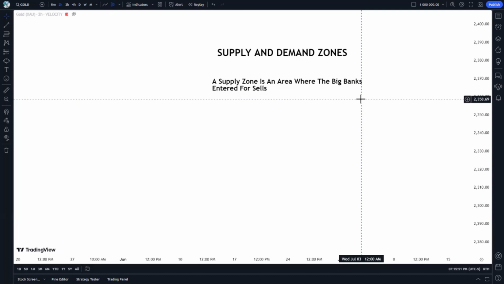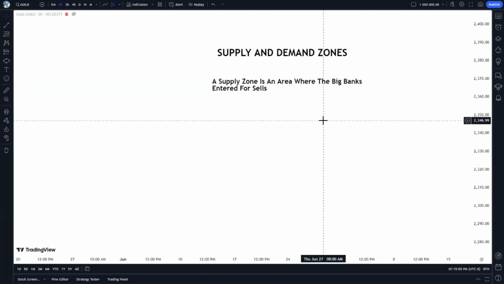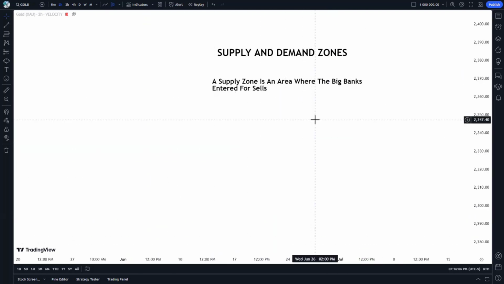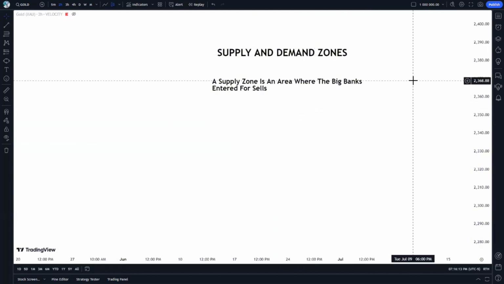So we want to identify these areas because we want to trade with the persons who are moving the market, who are trading billions of dollars, and they entered at the supply zone. The supply zone is where they entered for sales, so we want to identify these areas so we can also take sales from these areas.